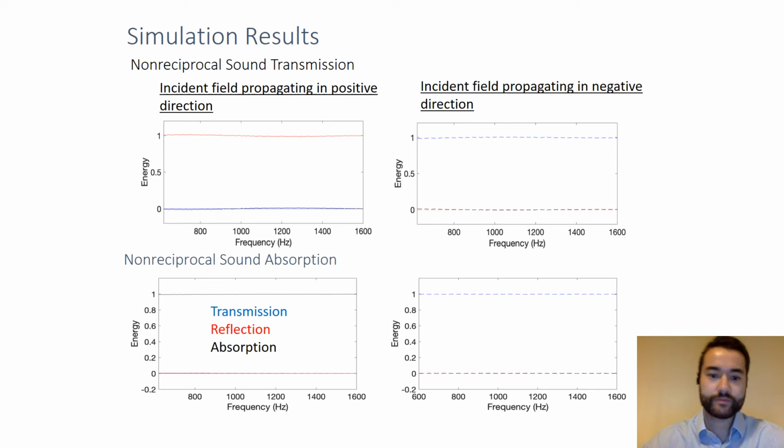Again, similar to the single monopole case, this is because there is no time advance information for feed-forward control, and so it doesn't minimize the transmitted and reflected waves. Both of these plots show that non-reciprocal sound transmission and absorption can be achieved by using active control.